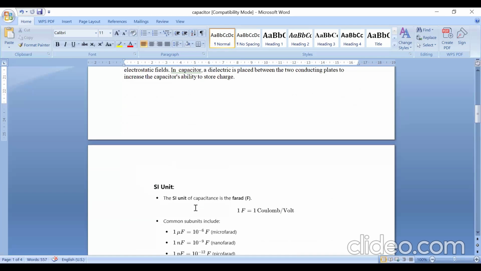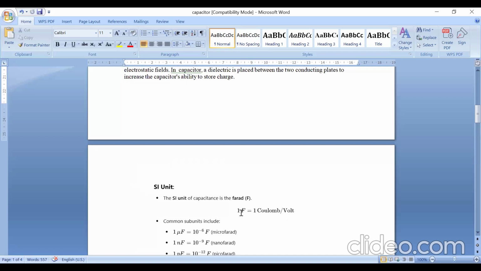The SI unit of capacitance is 1 farad. How do you define 1 farad? 1 farad is equal to 1 coulomb per volt. So when we apply 1 volt and 1 coulomb of charge is stored, that is called 1 farad.